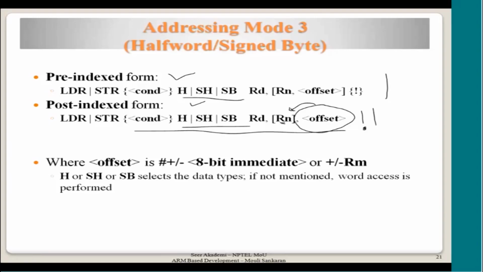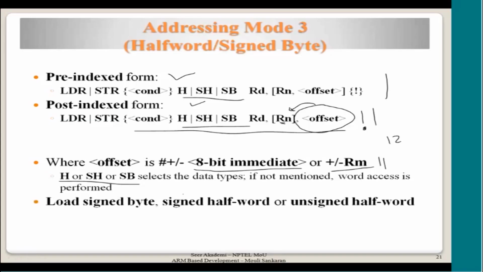The only thing you have to remember is that the offset value is not as big as the 12 bits in earlier instructions. It is only an 8-bit value, or a register offset is also allowed, and then these 2 bits are used internally for giving the data type. So effectively it means load signed byte. It is split into load and store. Either load this or this or this.